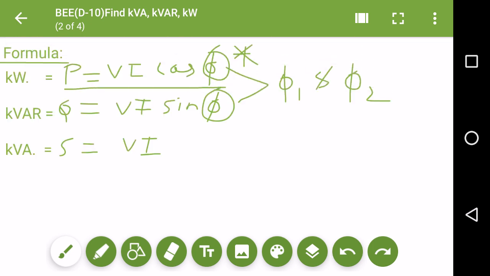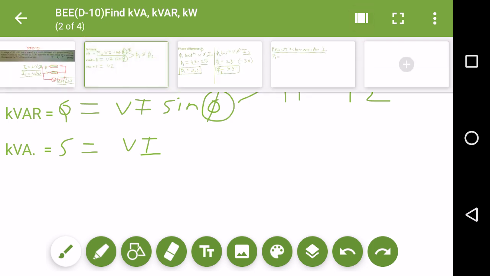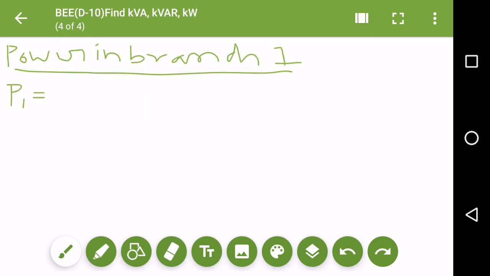The formula for P is V into I1 cos phi 1. Why I1 and phi 1? Because we are finding the power in branch 1, so we will use V into I1 cos phi 1.